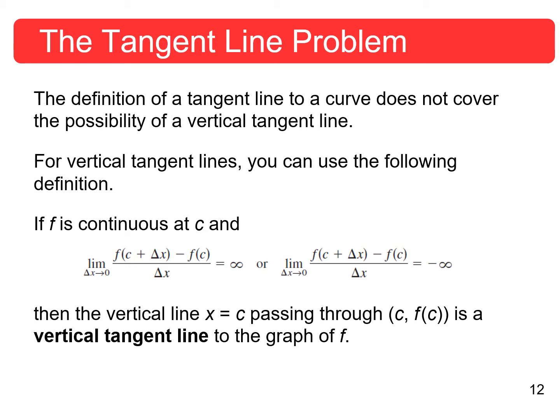The definition of a tangent line to a curve does not cover the possibility of a vertical tangent line. For vertical tangent lines, you can use the following definition. If f is continuous at c and the limit of f of c plus delta x minus f of c over delta x is either equal to infinity or negative infinity, then the line x equals c passing through the point c, f of c is a vertical tangent line to the graph of f.